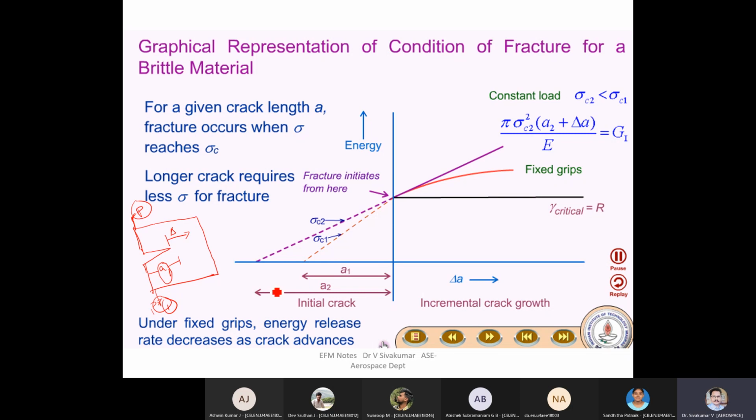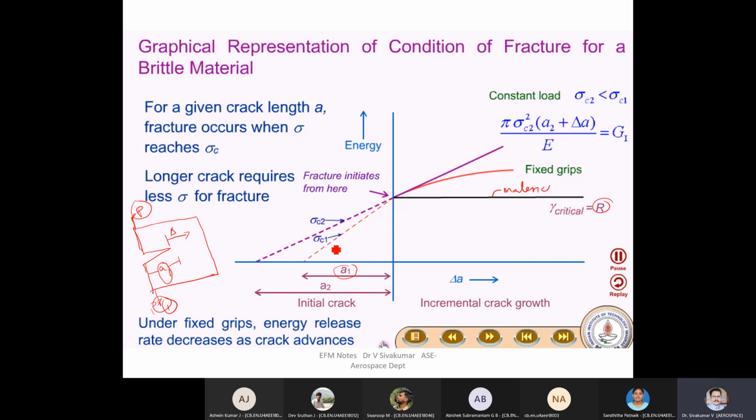To represent that particular scenario, you just see here the plot. For a crack length A1, if I apply P, I will get a stress. That stress is less than the resistance of the material, the material resistance.